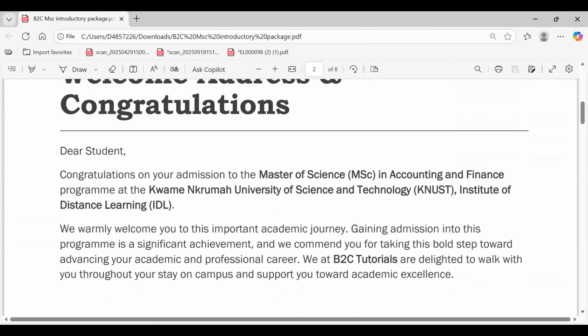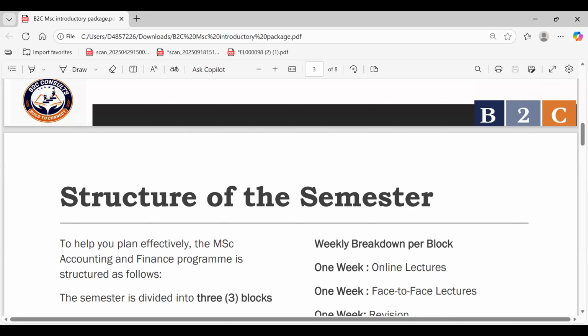So let's just go straight into the structure of the semester. Someone may ask, how does the semester look like, or how does the whole academic year look like? The MSc program is divided into two semesters. Semester one contains 6 courses, and semester two also consists of 6 courses.